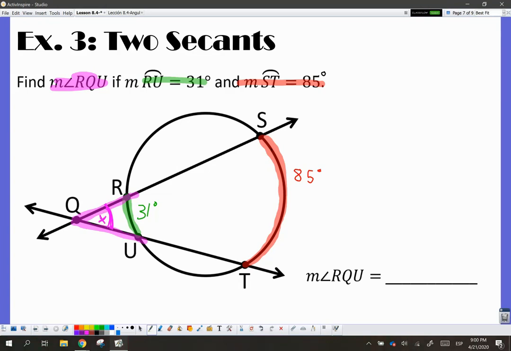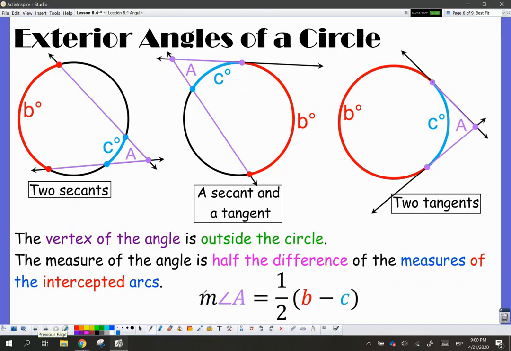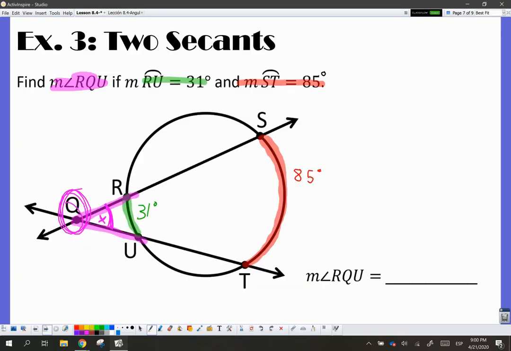So I'm looking for X, the measure of the angle. I see that I have two different arcs being intersected, arc ST and arc RU. I also know that the vertex is on the outside of the circle. So this is an exterior angle, and as such, we're going to use the formula for an exterior angle.